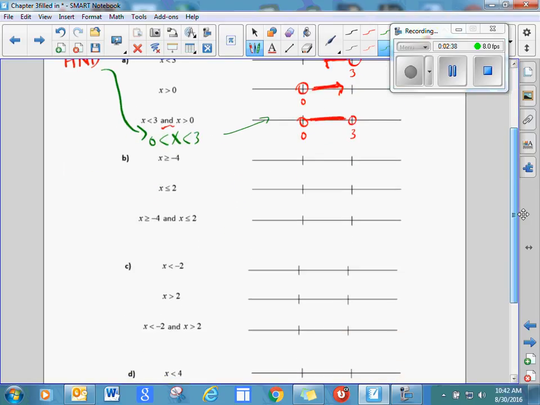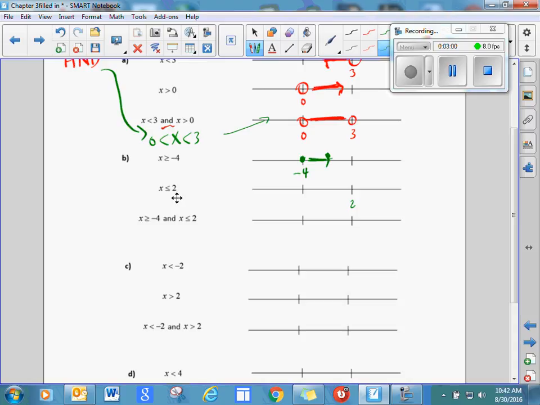Let's try another one. Okay, x is greater than or equal to -4, and x is less than or equal to +2, so I can set up my points for graphing them individually. Greater than or equal to -4 is going to be a closed circle, going this way.